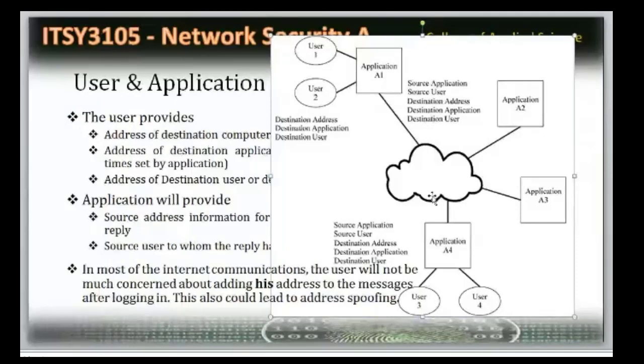We have 4 users here: user 1, user 2, user 3, user 4. Any user wants to communicate. For example, user 1 wants to access application 3, user 2 wants to access application 2, user 3 wants to access application 4, user 4 wants to access application 1.